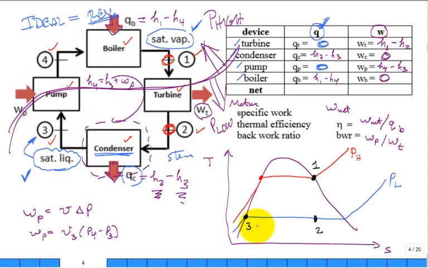Now the hard one. We've forgotten already, just like we needed to use the second law for the understanding of the performance of the turbine, you need the second law for understanding the performance of the pump. Where is state 4? Straight up. A lot of people are putting state 4 where? Is that where state 4 is?